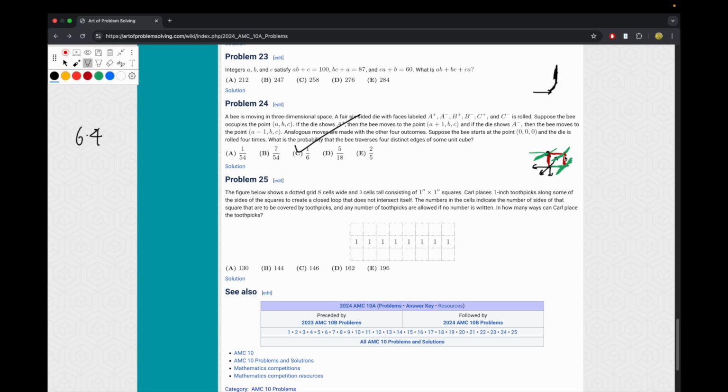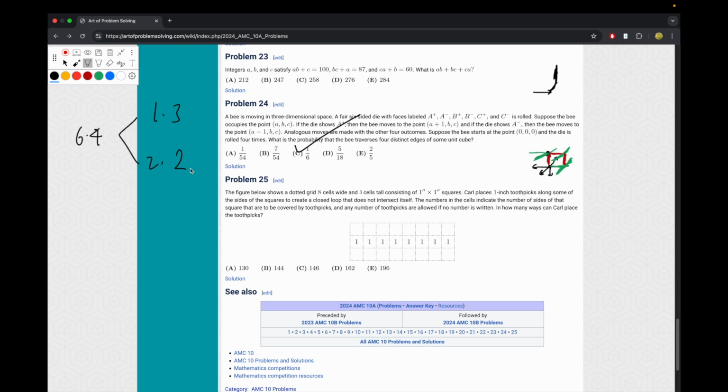But from here, we have 2 choices. If it goes down, we have 3 more choices. And if it goes this way, we have 2 choices and 2 choices from here. There's no other choice.